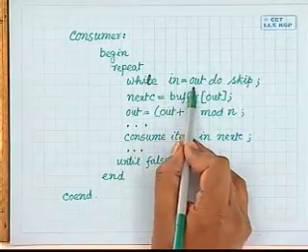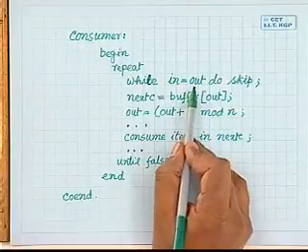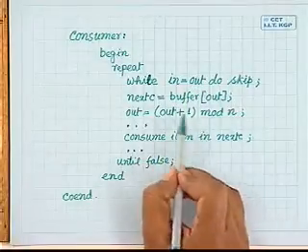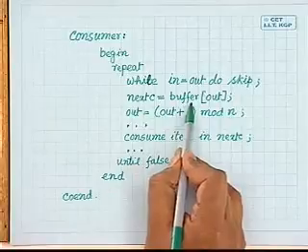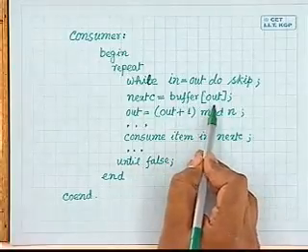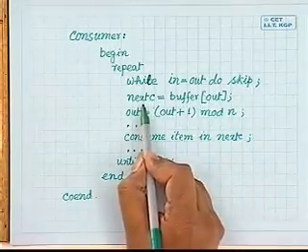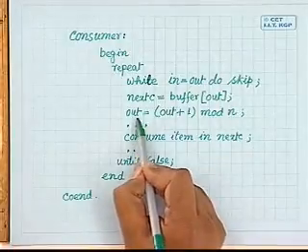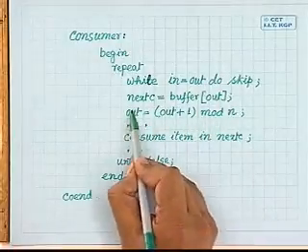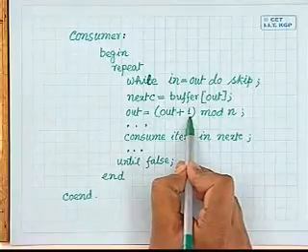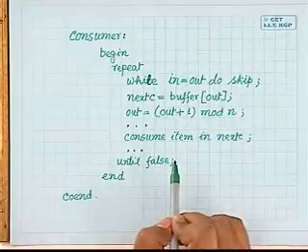When in is not equal to out, that means there is some item in the buffer which the consumer can consume, so it takes that item from the buffer following the out pointer into variable next c, and it modifies this pointer out. That is why the while loop in the producer process will be broken.